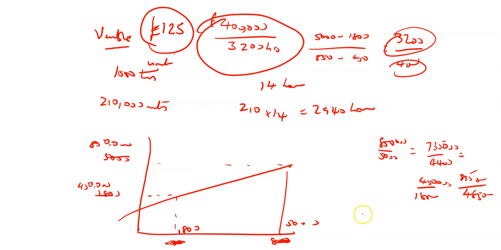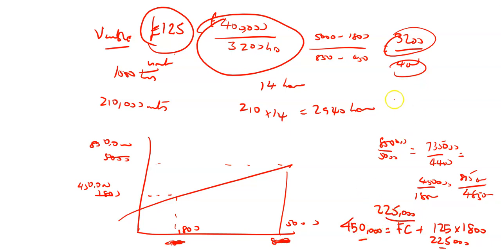I'll just take the first one to test it. We have a total cost of 450,000, and this is equal to a fixed cost element plus this £125 times the 1,800 hours. 125 times 1,800 gives us 225, which means that the fixed cost element is 450 minus 225, which is 225,000. So the fixed cost is 225.